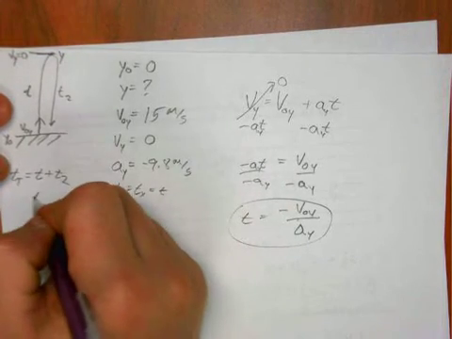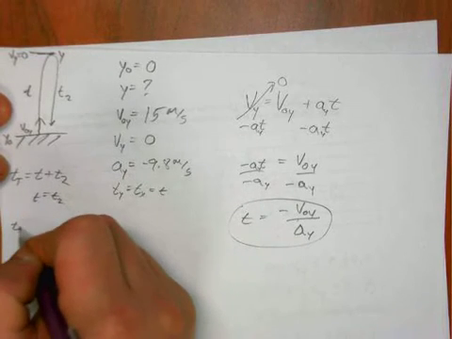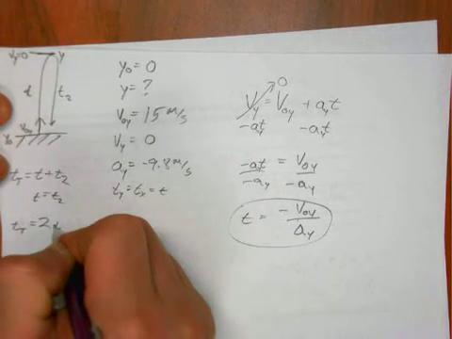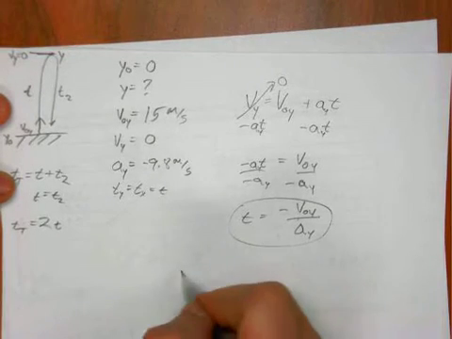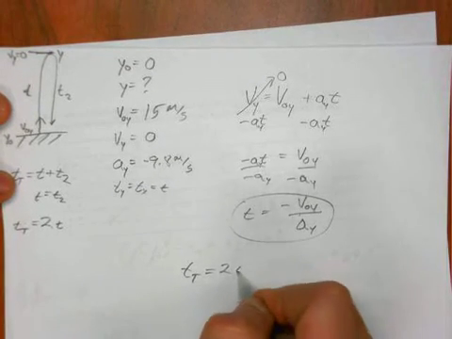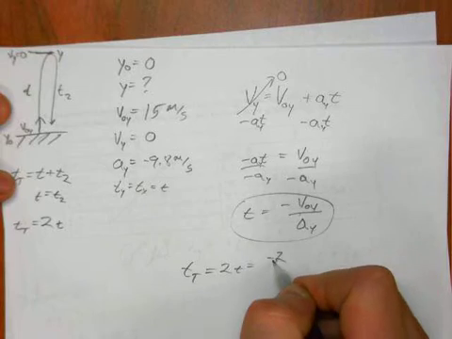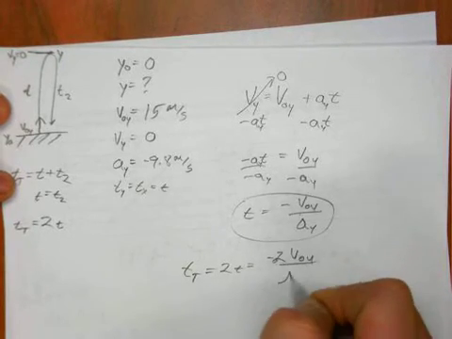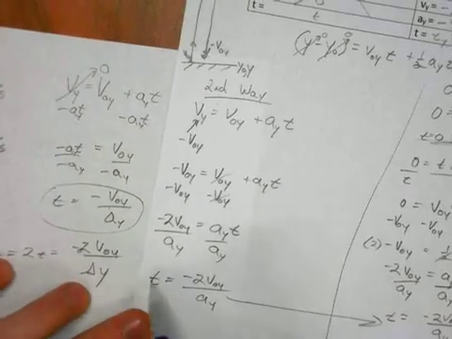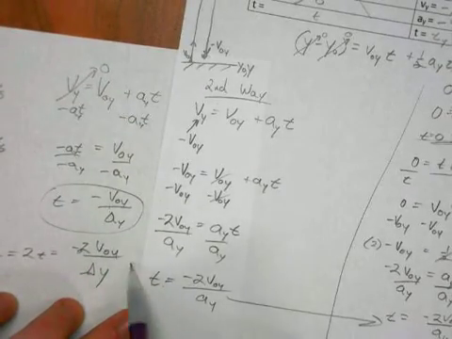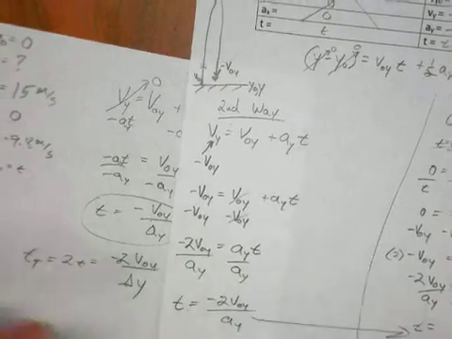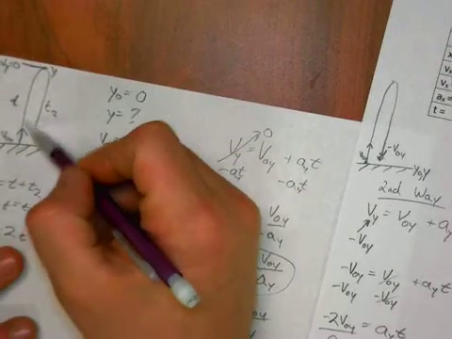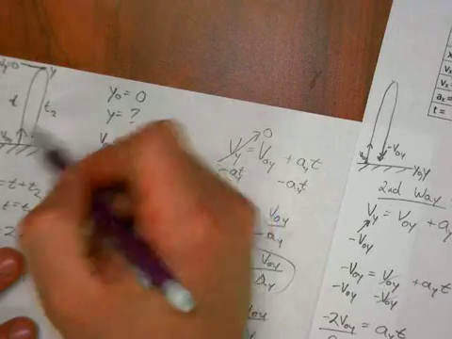And T equals T2, so T total equals 2 times T. So T total equals 2T equals negative 2 v0y over ay, and that is equivalent. But the point is, you have to say that the time up is equal to the time down, so you just double it. All right.